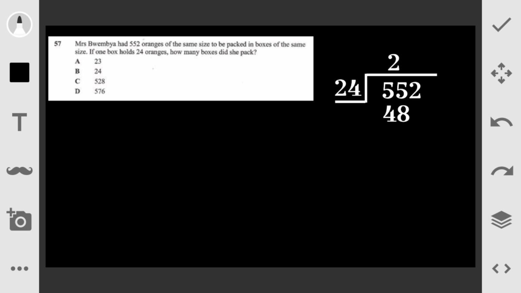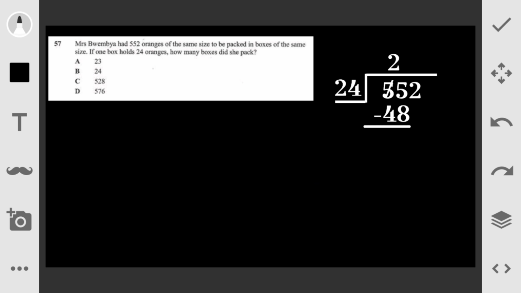Then we're going to subtract. So let me put the subtraction sign, the minus sign. We're going to say 5 minus 8. We cannot take 8 from 5, so we are going to borrow 1 from 5.